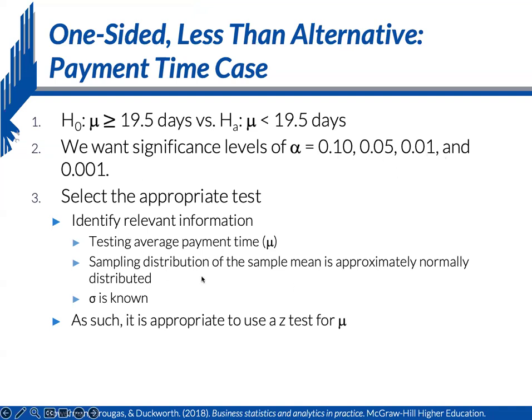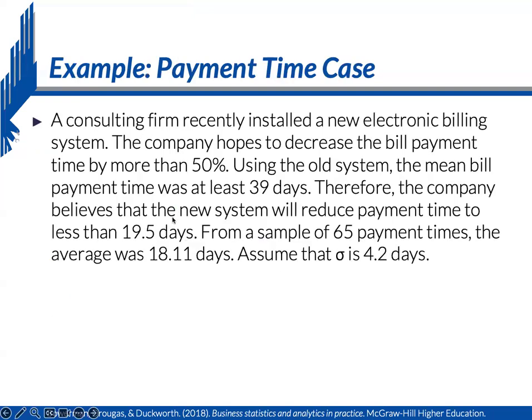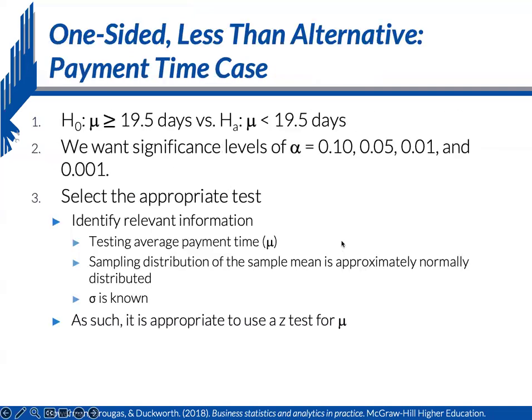And we will also confirm that the z-test for the population mean is the appropriate test. Again, we are making an inference about a population mean. In this case, we are looking at average payment time. We can also say that the sampling distribution is approximately normal. We don't know the distribution of the individual payment times, but our sample size is 65, and this is large enough.